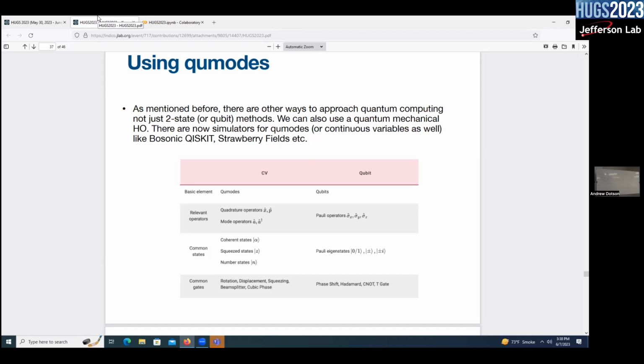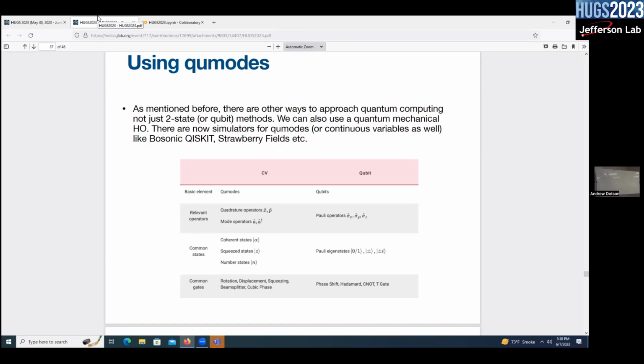Then the corresponding gates which we discussed, like the phase shift gate, Hadamard gate, CNOT gate, now become gates which are still unitary, but now depend on these mode operators. Those gates are known as rotation, displacement, squeezing, and beam splitter. From beam splitter and squeezing, you can already make out the connection to experimental people.